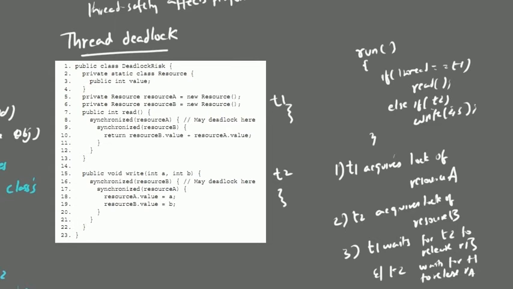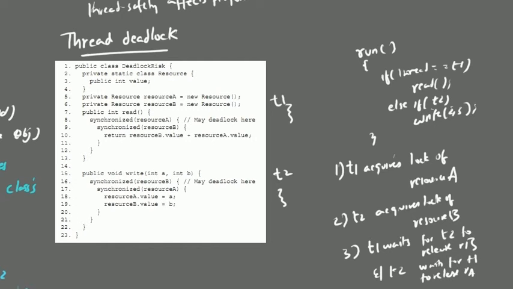So T1 reads, and it acquires resource A's lock, and say immediately T2 acquires the lock of resource B, because T2 is executing this piece of code, and it acquires resource B. Now T1 has resource A's lock and T2 has resource B's lock.